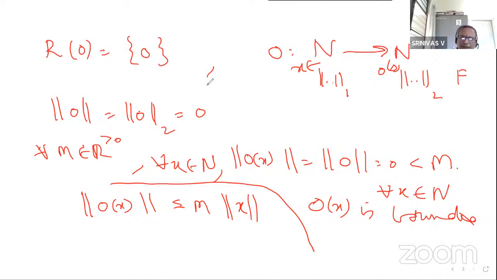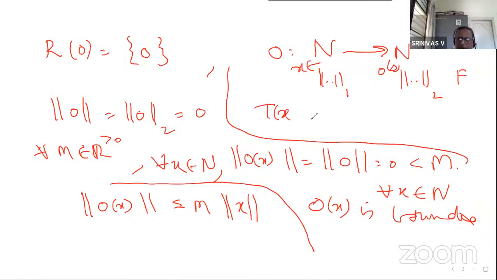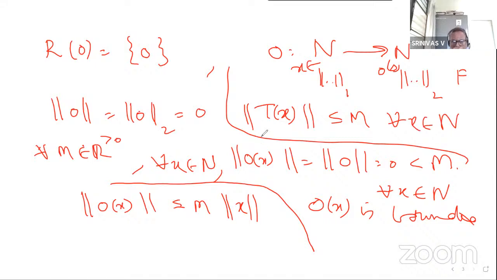For any linear map T of x, if you can find a positive constant m such that norm Tx is less than or equal to m for all x in N, we say this T is bounded. That's what we mean by boundedness of any function.